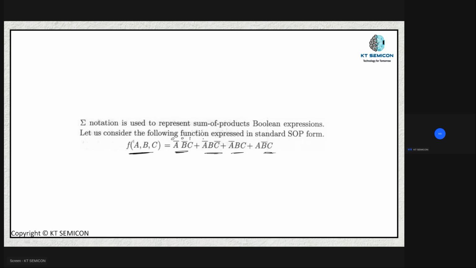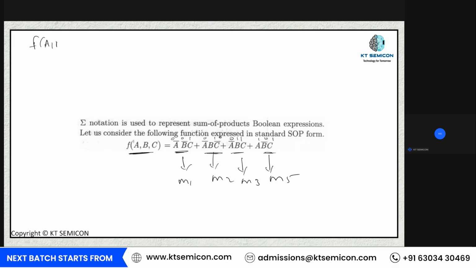This is 0, 1, 0, this is 0, 1, 1, and this is 1, 0, 1. So the minterm values here are m1, m2, m3, and m5. So f(a, b, c) can be written as m1 + m2 + m3 + m5.